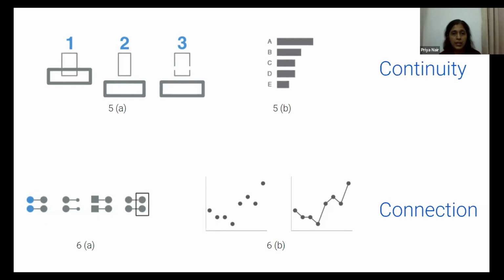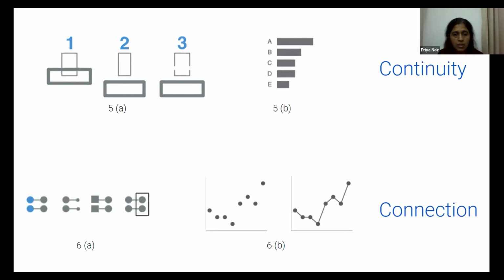So that is the continuity principle, because we perceive things that way. Similarly with 5B, you feel that it is a graph aligned against a common y-axis. And why do you get that feel? Because the spacing between your labels and the graph is equal in all the cases. And so you get that feel that it is a continuous thing, the y-axis over there, and against that it is plotted. So you get that feel of continuity.